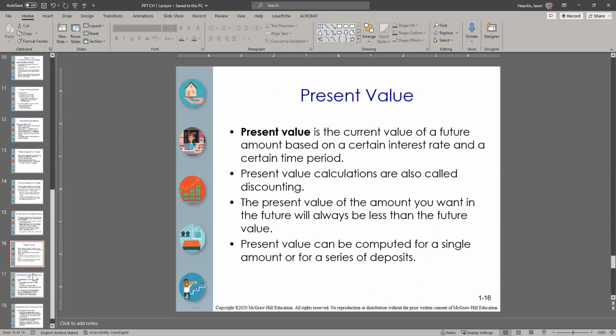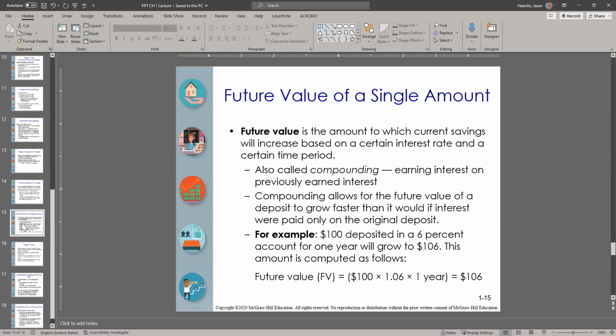Then we have the flip side, or the opposite side, which we call present value. If you want a certain amount of money in the future, how much money do you need today? It's pretty much the reverse of future value. So here in future value, $100 at 6% in 1 year becomes $106.